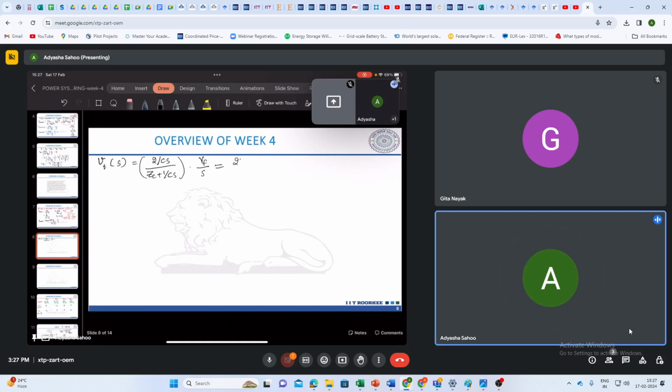So 2VF by S, if I take it out, what I am remaining with is 1 by C divided by ZC plus 1 by CS.